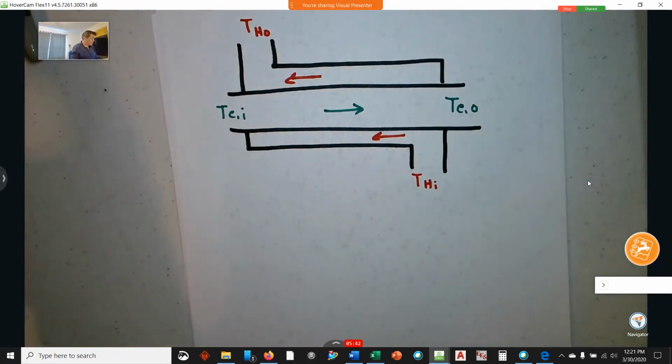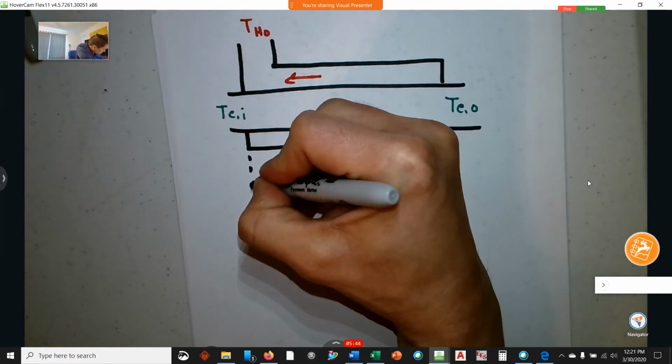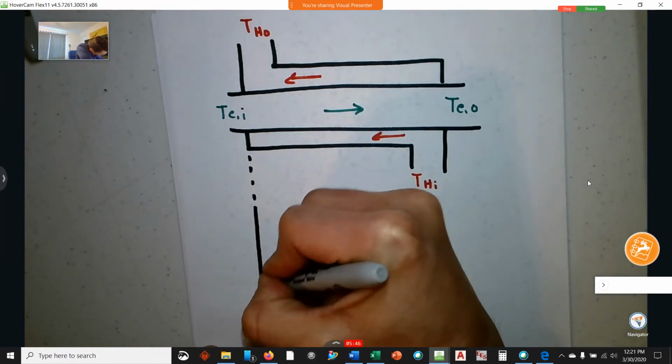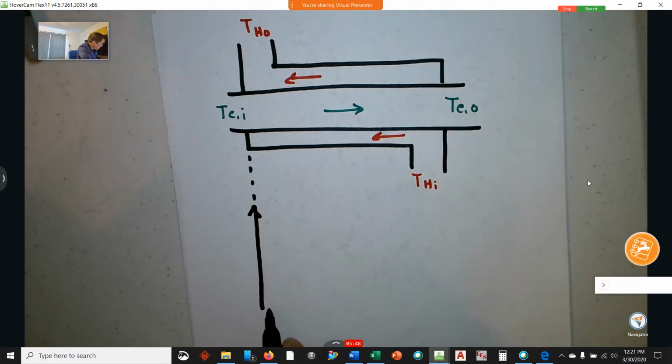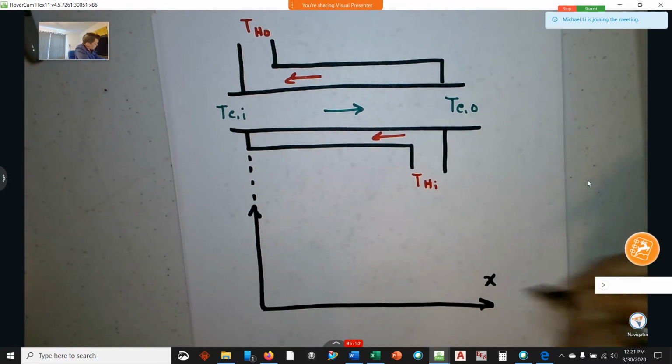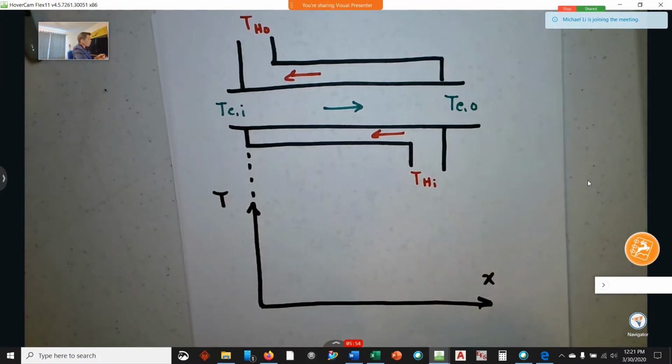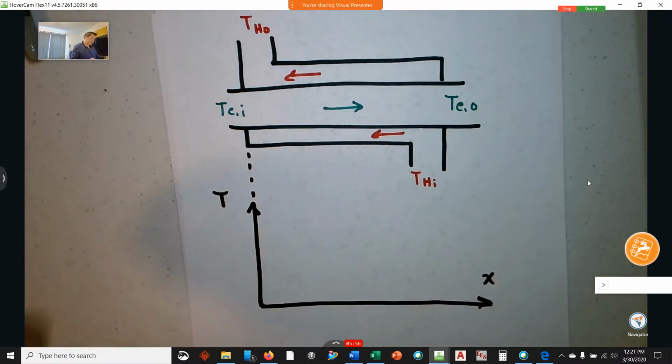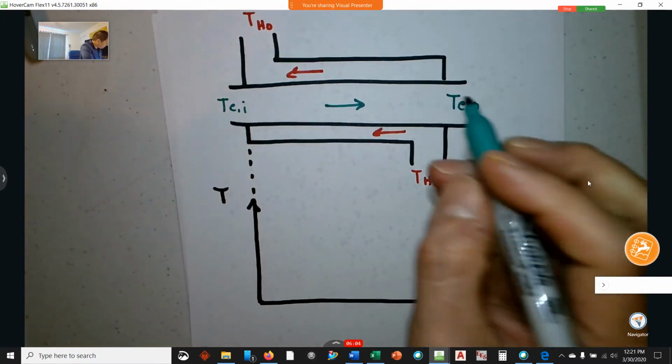And if we plot this spatially, as we pass through this heat exchanger, what we'll find is that the cold fluid still should be warming up.